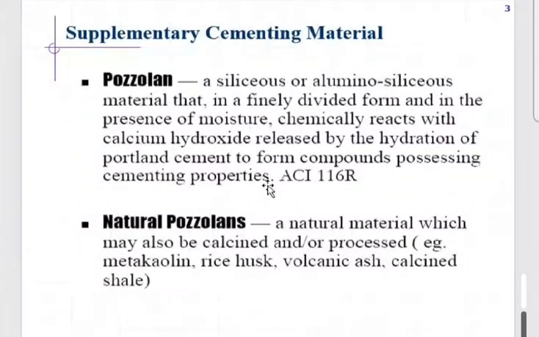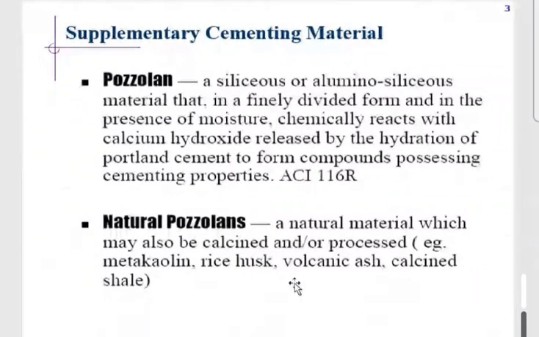However, talking about their physical interaction, our supplementary cementitious materials will react more efficiently if they are finely ground. They are very fine, finer than the cement. So we can have more efficiency of the supplementary cementitious materials. So we can define them as pozzolans.